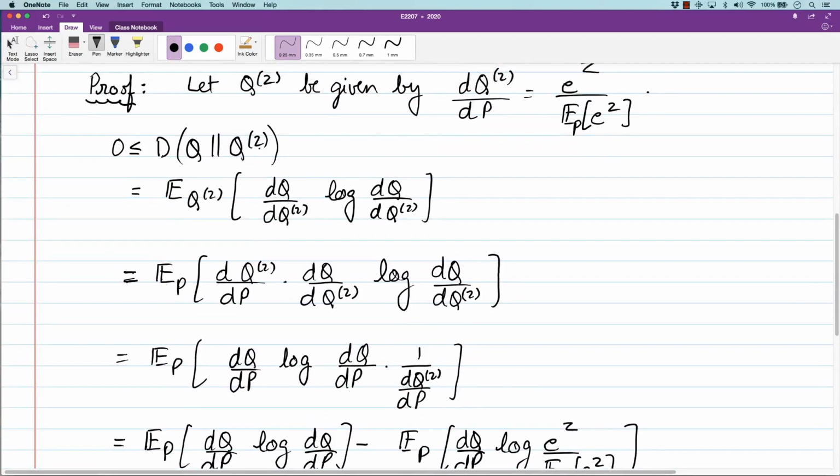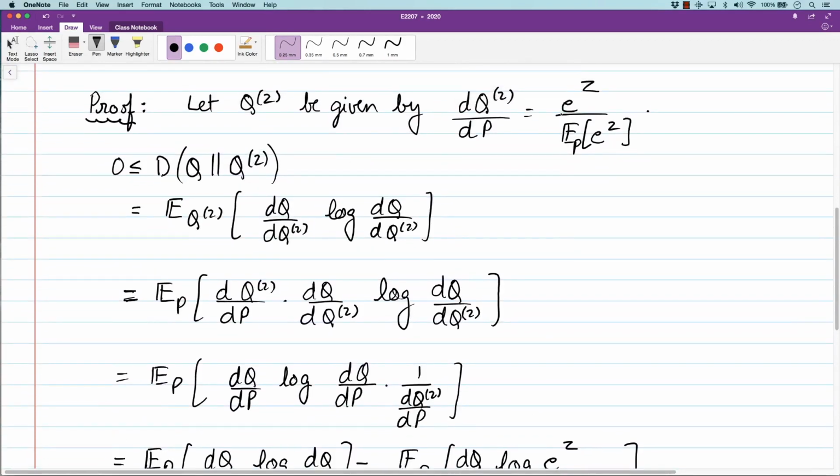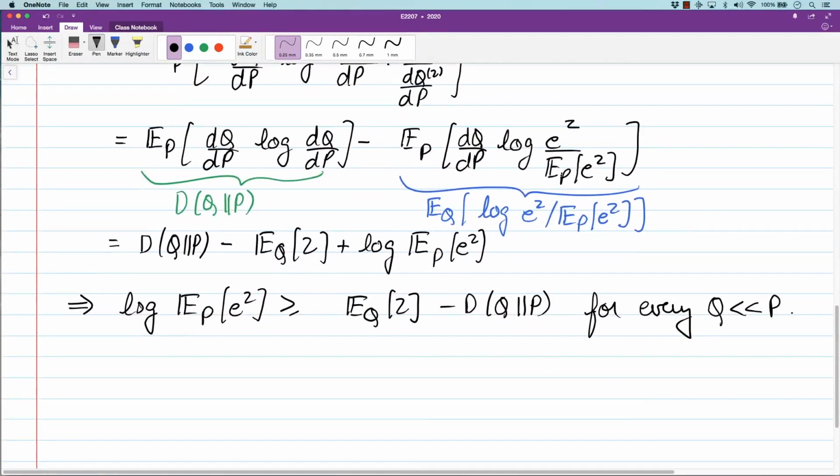The condition for equality is when this q is equal to this tilted measure here. Okay, so with equality if and only if, because divergence is non-negative unless the two distributions are equal. So if and only if q equals qz.